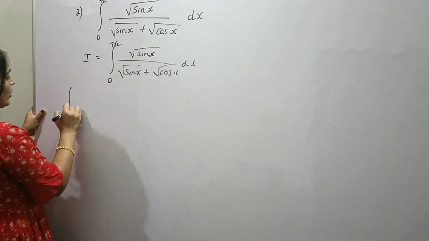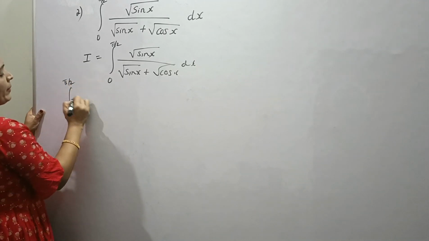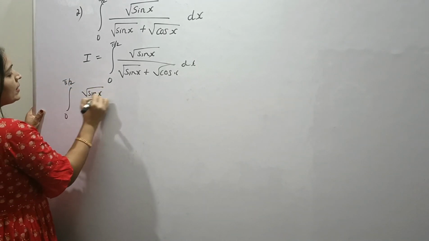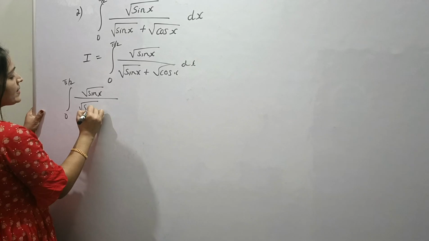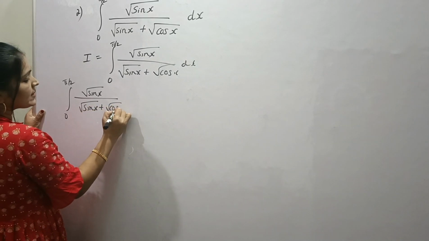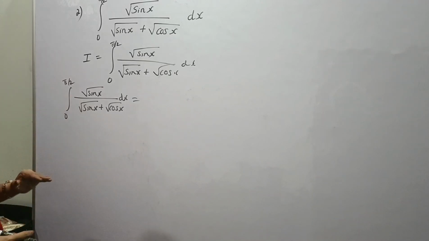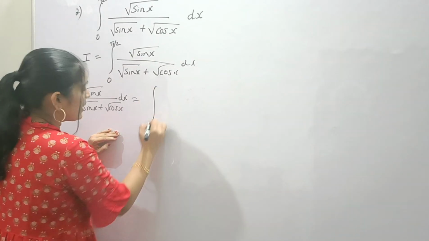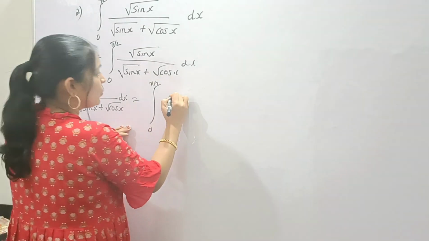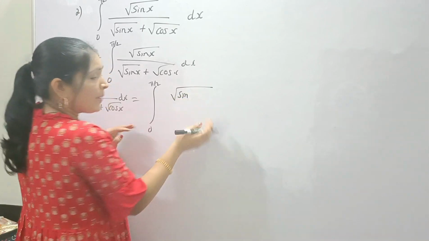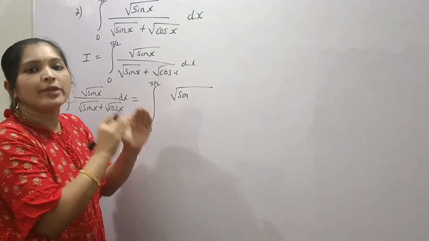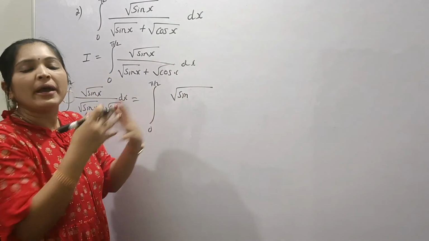So this integral is equal to integral 0 to pi by 2 root sin x divided by root sin x plus root cos x dx. Apply the property. So it will be integral 0 to pi by 2 root of sine, in place of x we will write pi by 2 minus x, that is a minus x.